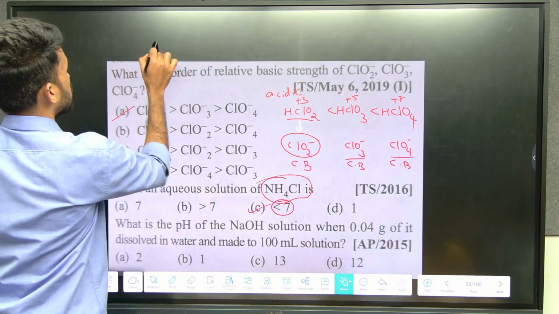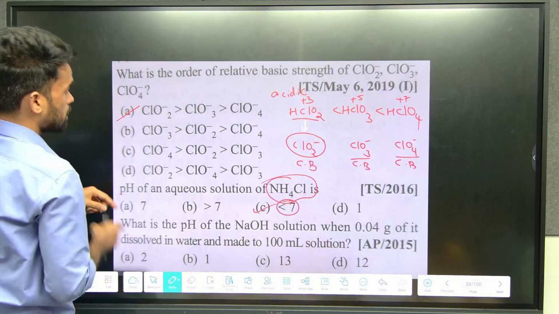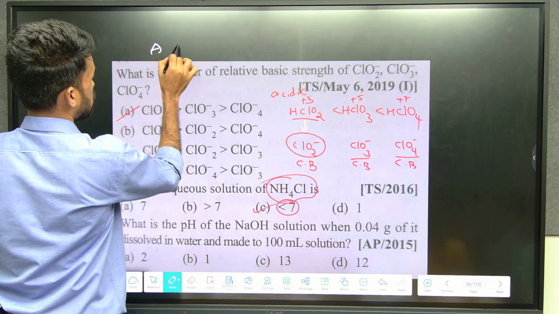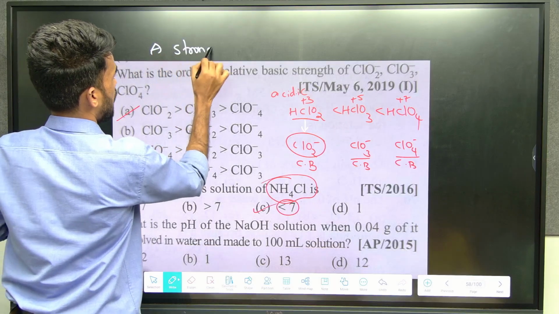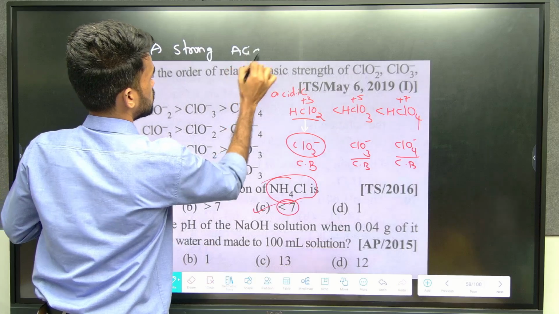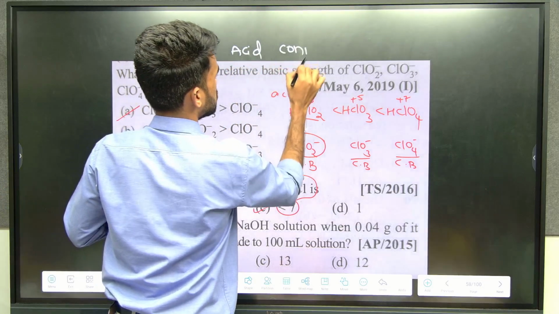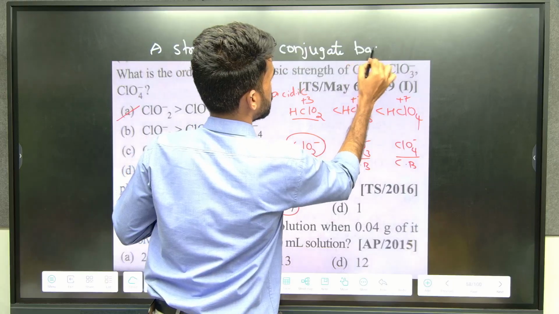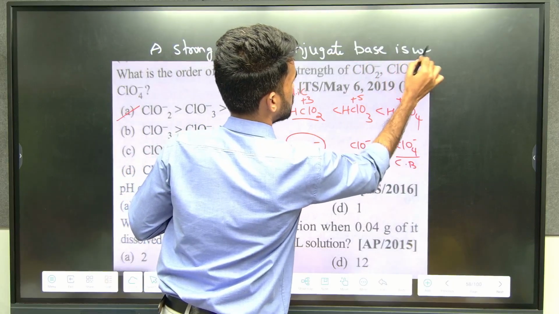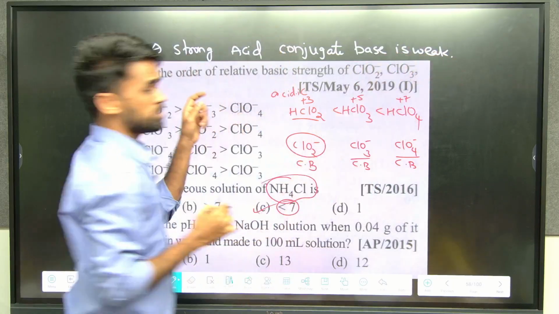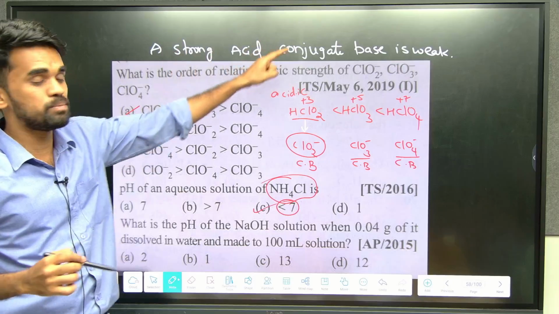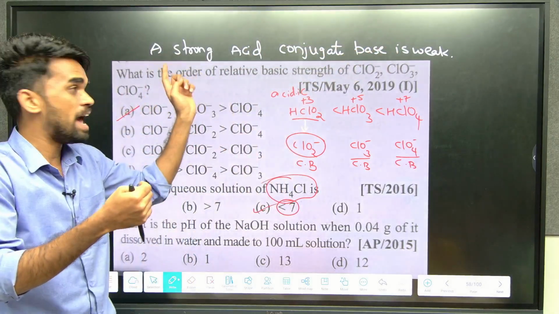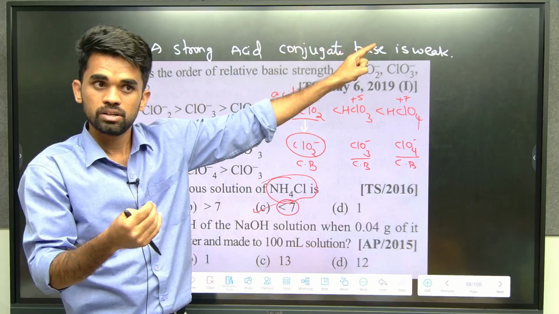A strong acid conjugate base is weak. Now in the reverse way, a weak acid conjugate base is strong.